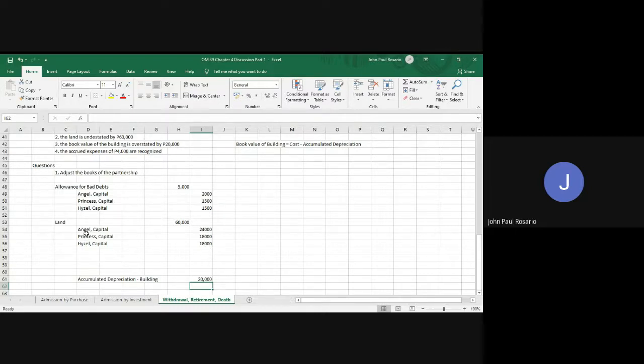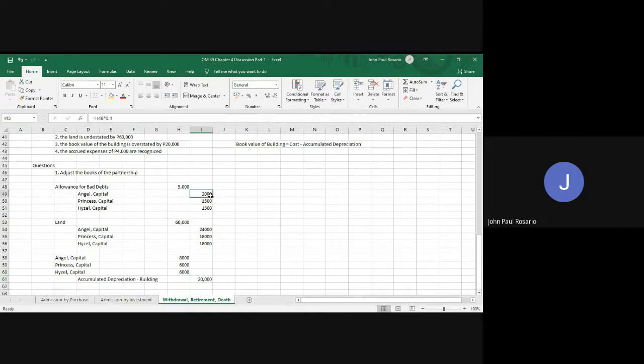So let's copy the capital balances. Angel's share is again 40%, Princess's share is 30%, and Hazel's share is also 30%.